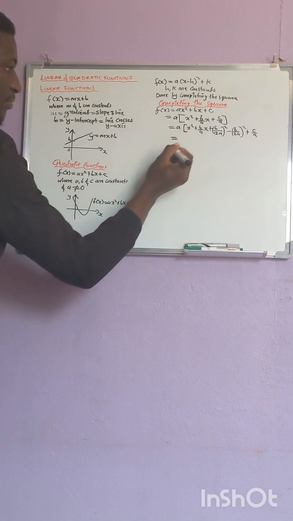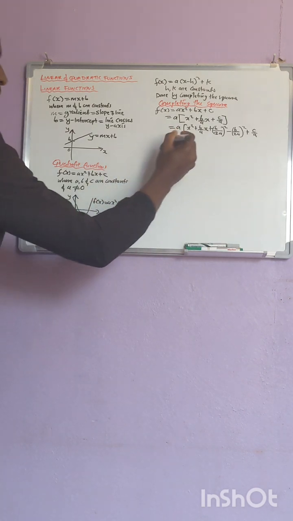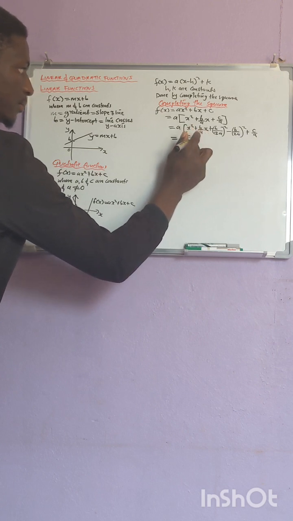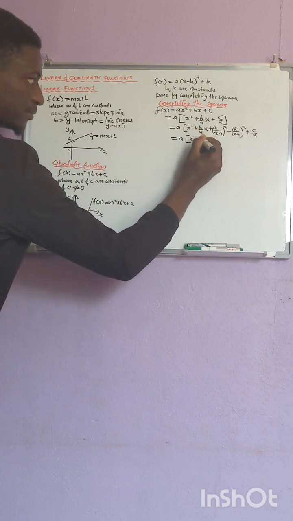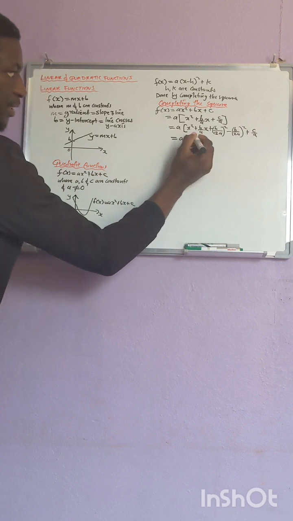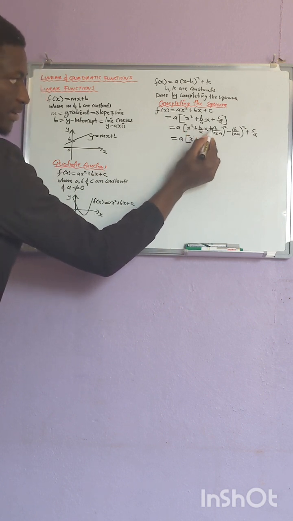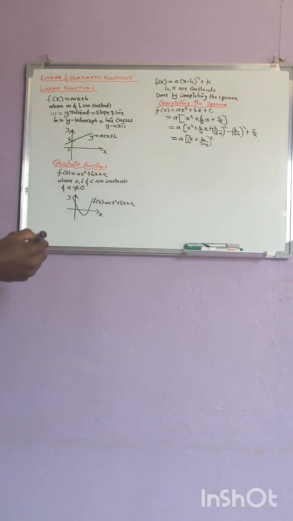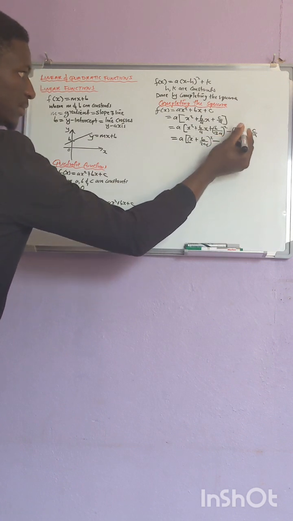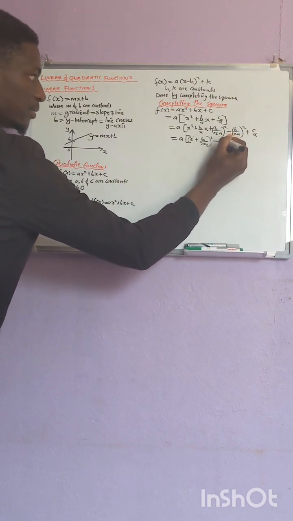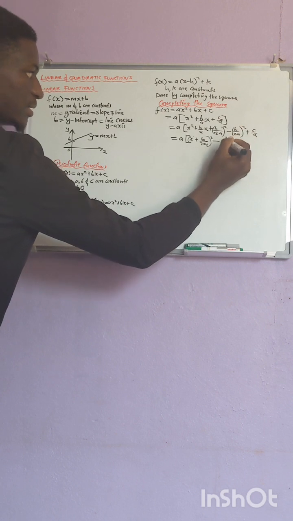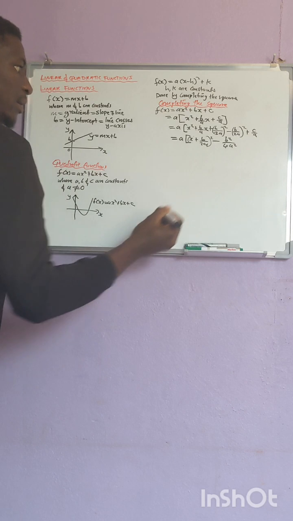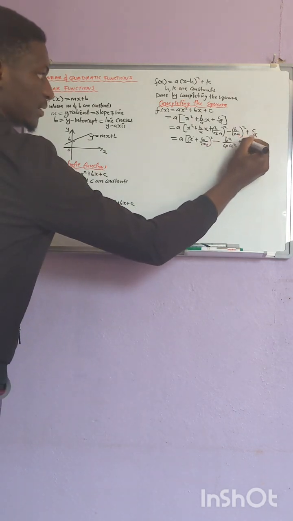Step number 3, we complete the square. We have a times x plus b over 2a, squared. So we've completed the square, minus b squared over 2a squared, which simplifies to b squared over 4a squared, plus c over a.